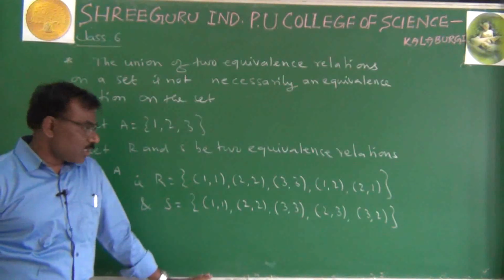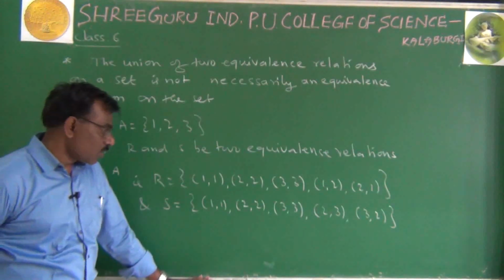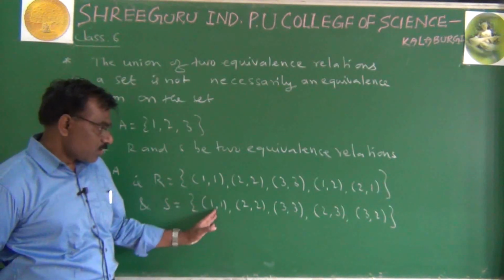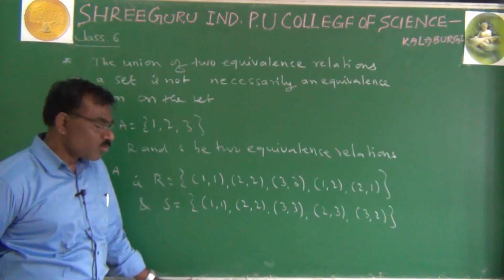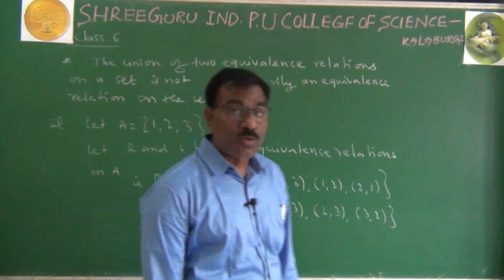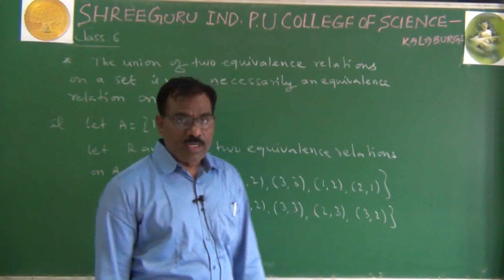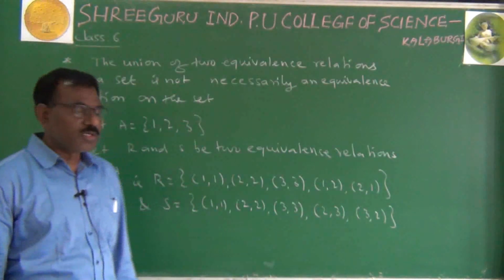Both R and S are equivalence relations; this also is an equivalence relation. My question: the intersection is always an equivalence relation, which I proved yesterday. Now today, the union is not an equivalence relation.